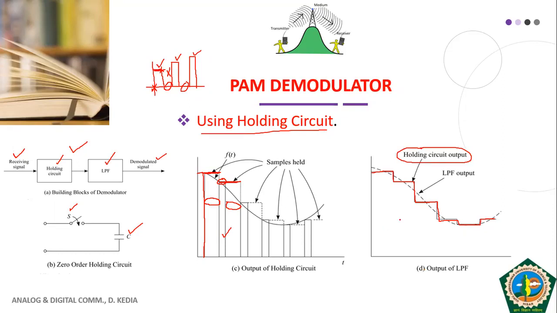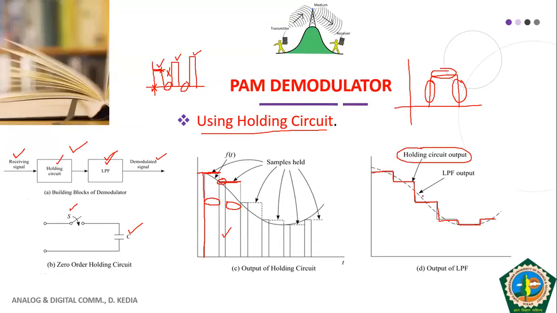Okay, and once we pass this staircase signal through a low pass filter, what will happen? We know a low pass filter allows low frequencies to pass through, and it rejects high frequencies. And whenever we have a square pulse kind of thing, these edges represent the high frequency components, and the top portion of the pulse represents the low frequency counterpart.